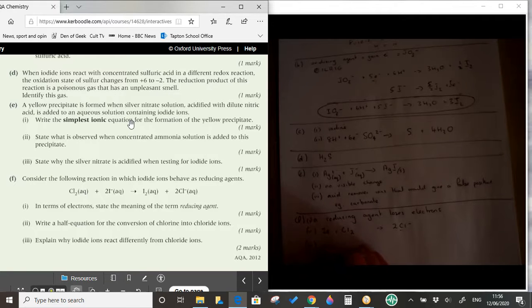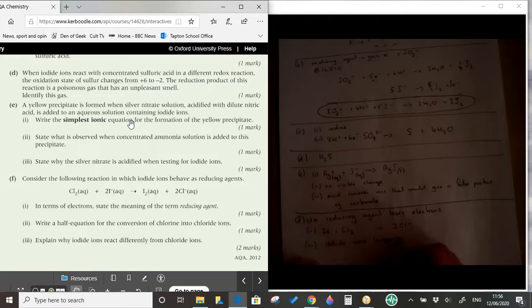So iodide ions, because iodine is lower than chlorine in the group, will be larger than chloride ions. And because they're larger, there'll be less attraction to their outer electron. And therefore, if we look at our definition of reducing agent, they will be better reducing agents.